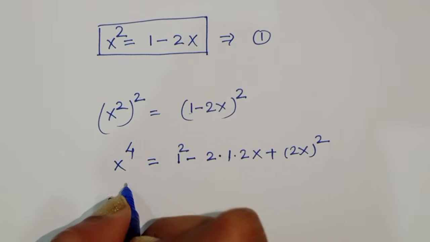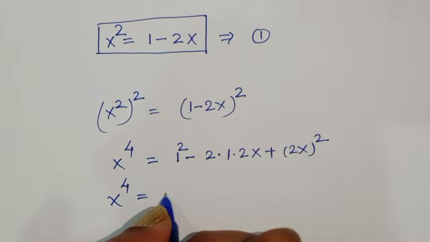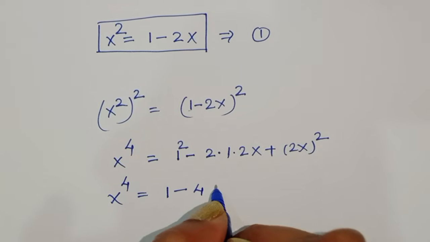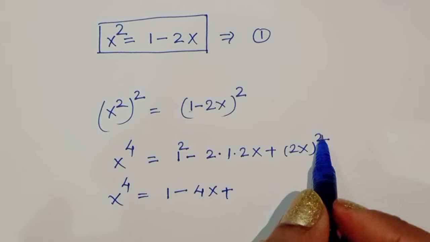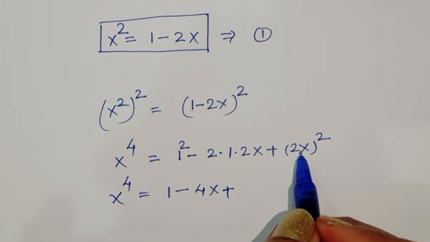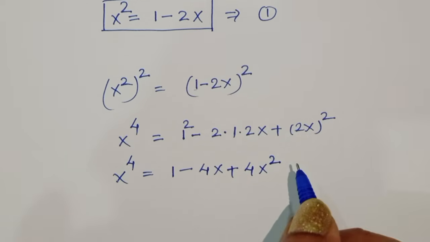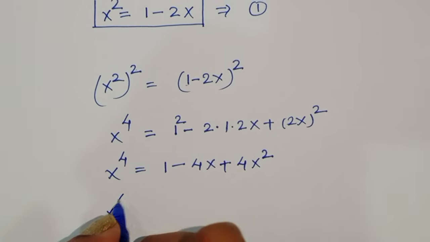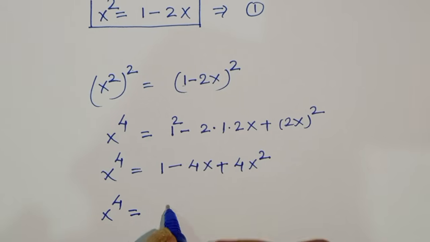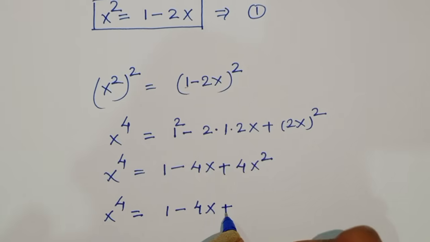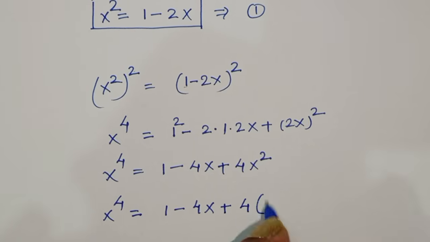So x power 4 is equal to 1 minus 4x plus 4x square.